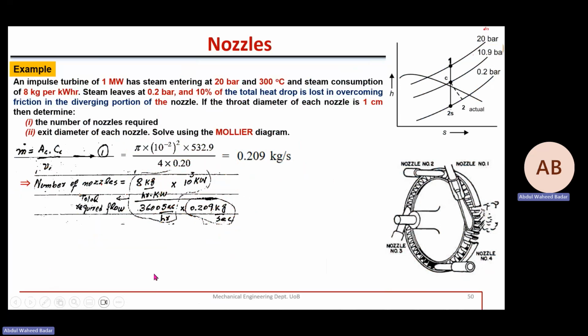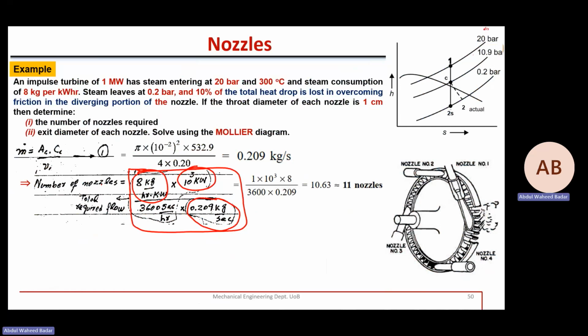You just need to play with the units, out of a basic understanding of what each term represents, and divided by this. This gives us the total number of nozzles for this turbine. It comes out to be 10.63, so 11 nozzles.